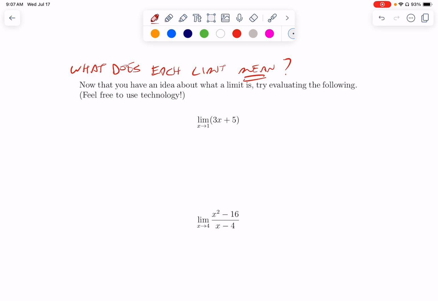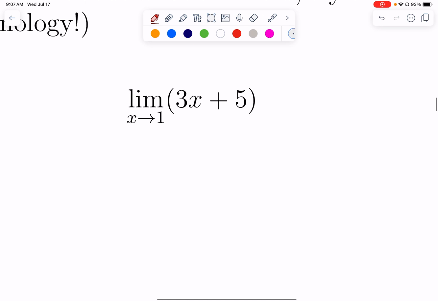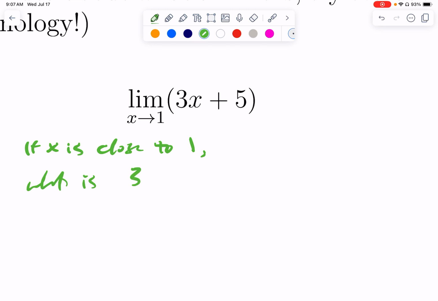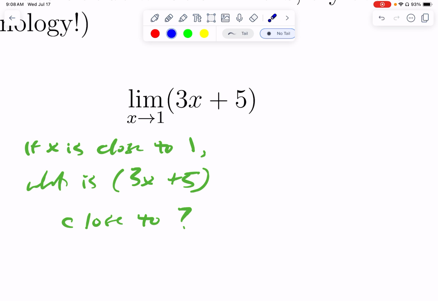All right, so for this first one, the meaning here is if x is close to 1, what is 3x plus 5 close to? That's the question we want to answer. And just intuitively, you might be able to do this with no technology.